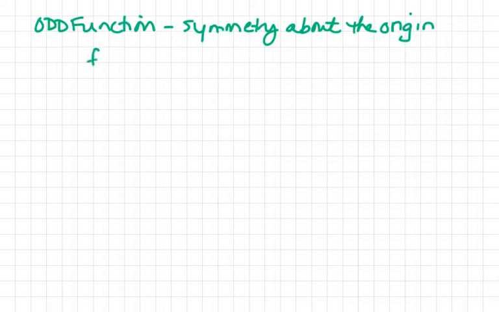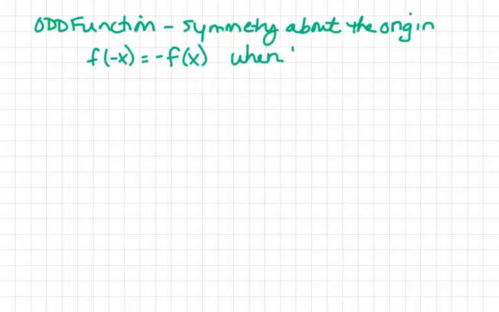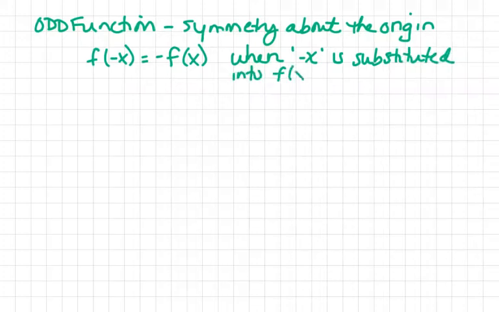So what is the characteristic algebraically of an odd function? When you put in negative x into f of x, you get out the opposite y. So let me say that in words. When negative x is substituted into the function f of x, the result is the opposite value, the opposite y value.